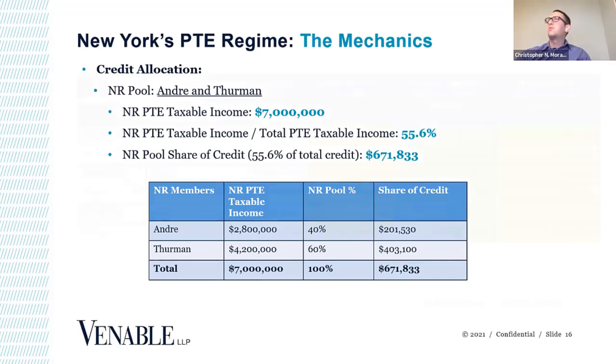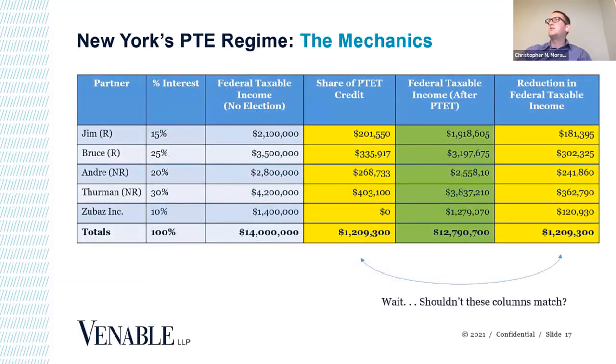And this is where we get a little complicated. If the PTE credit is allocated pro rata based on the partners' interests, we see how we have a mismatch between the share of the PTE credit and the reduction in federal taxable income. Because if each partner gets the share based on their pro rata interest, we're going to have a little bit of a lost reduction in federal income.